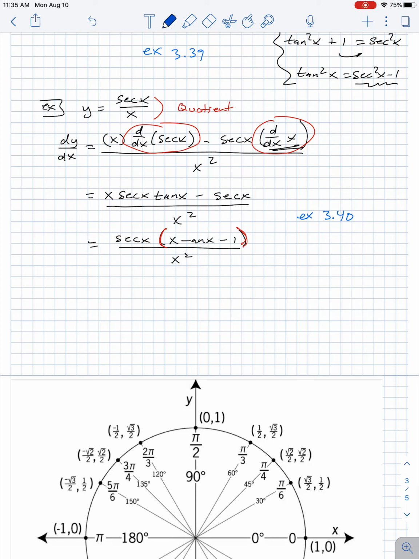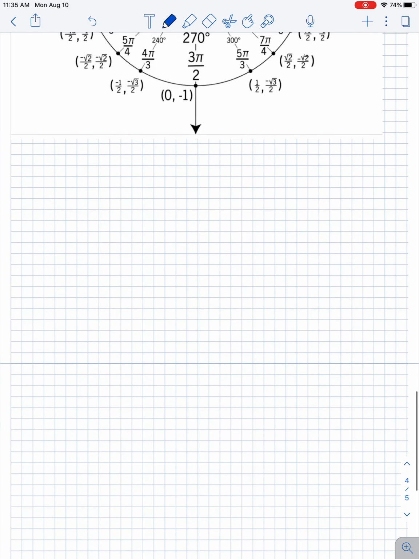All right, let's do another one here. We're going to use this unit circle. I want you to find the equation of the tangent line to the function f of x equals 5 cotangent x at the point x equals pi over 4.